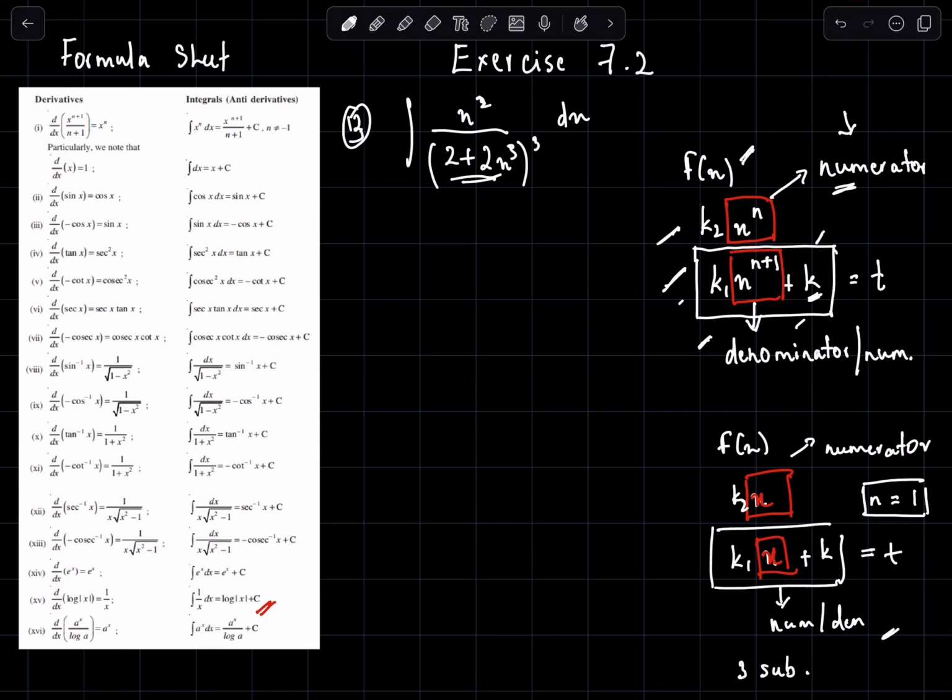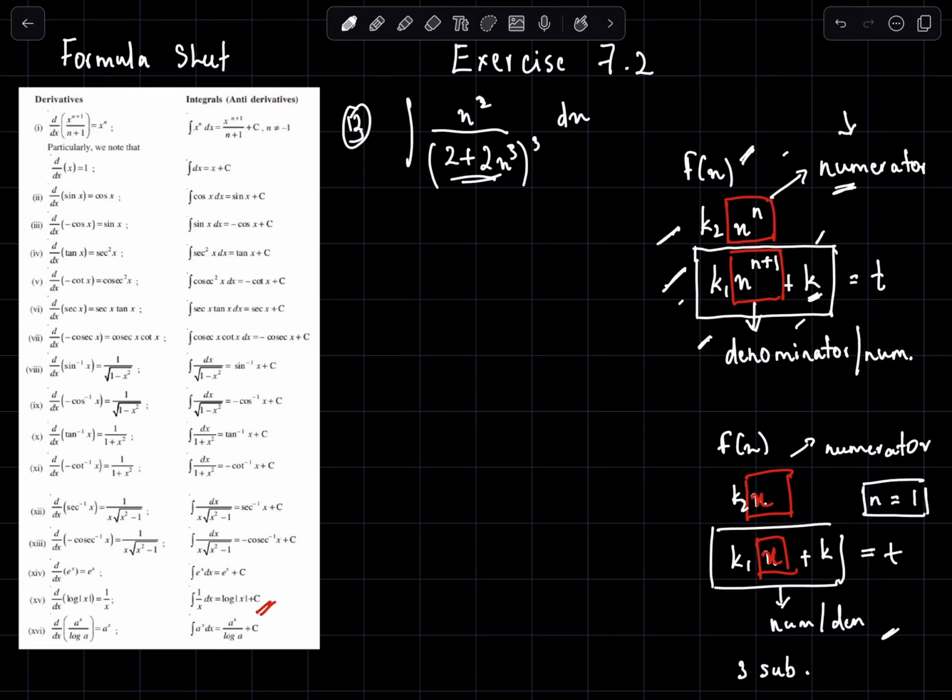We just have to check that. You find the x to the power n plus 1, which is x cubed, and you find the x raised to the power n, and it is x squared. And the best thing is the x squared is in the numerator, so it follows our condition. It's just an easy formula to apply.